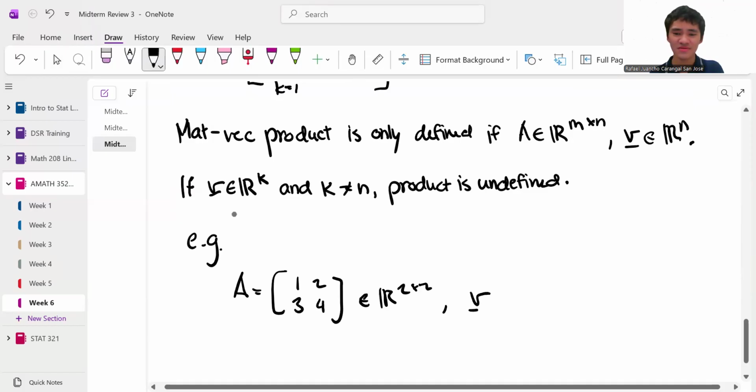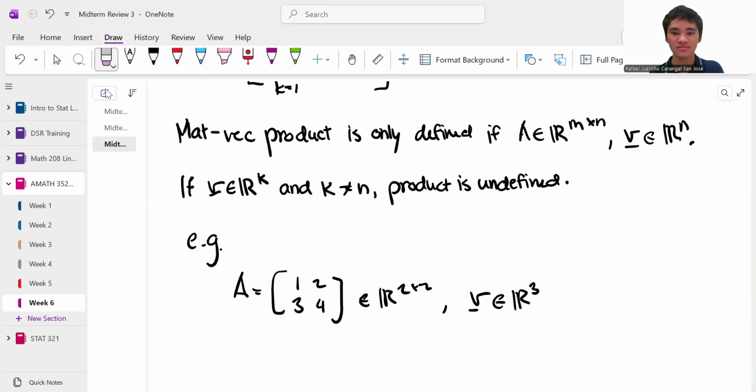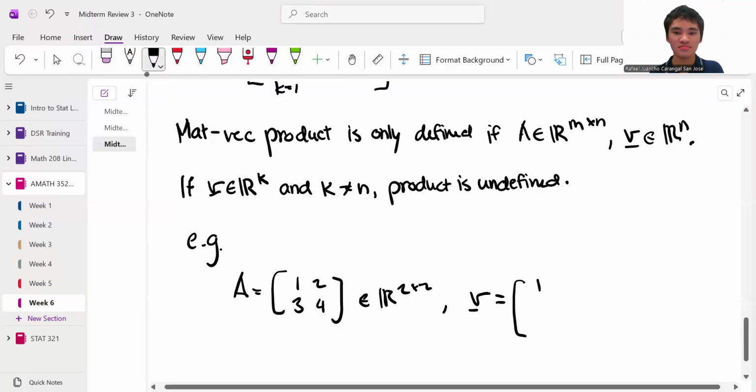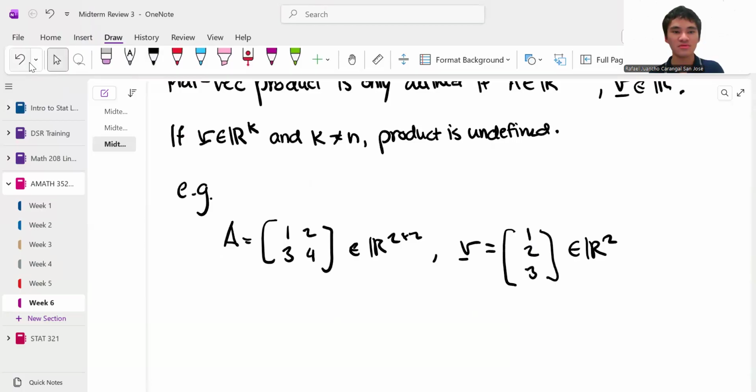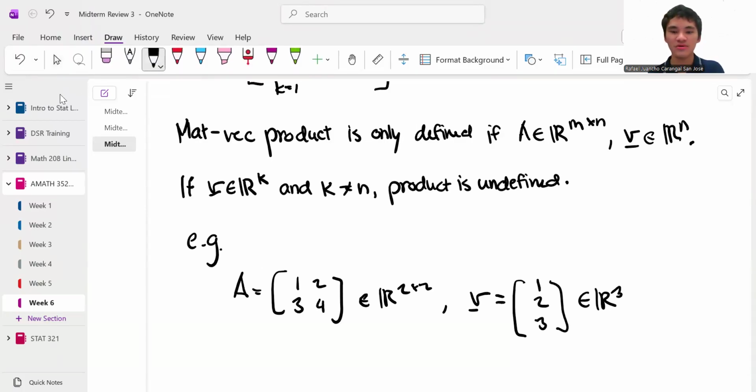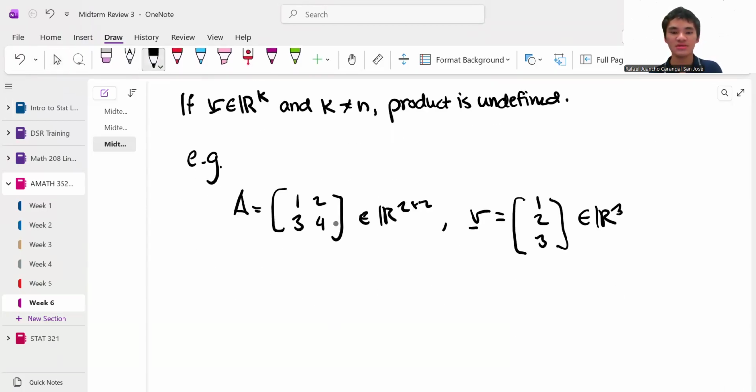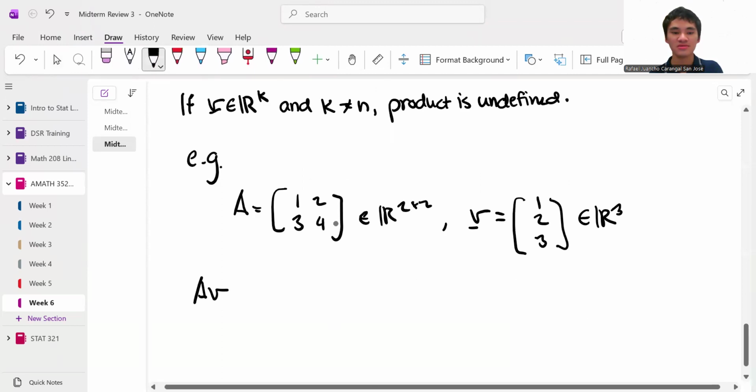And then we have vector v, let's say in R^3: 1, 2, 3. And I want to know what's the product of this matrix and this vector.